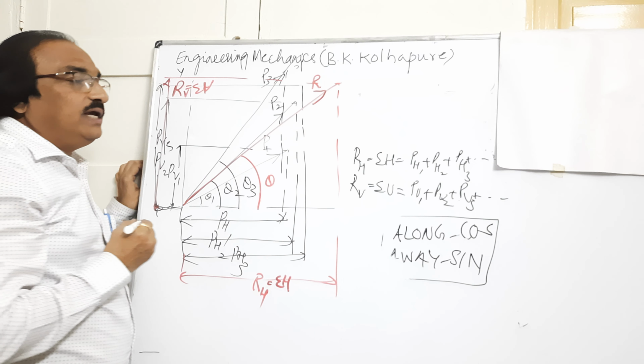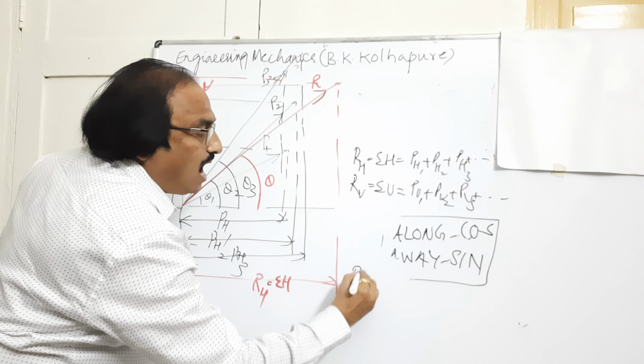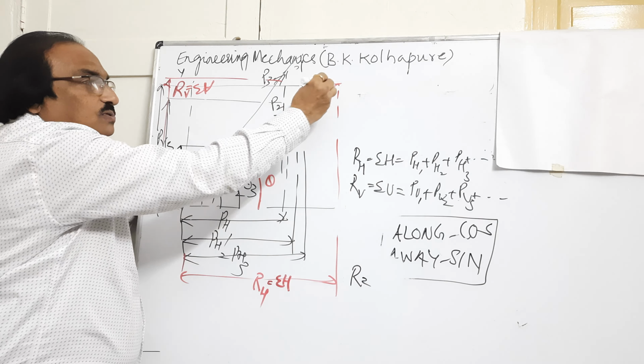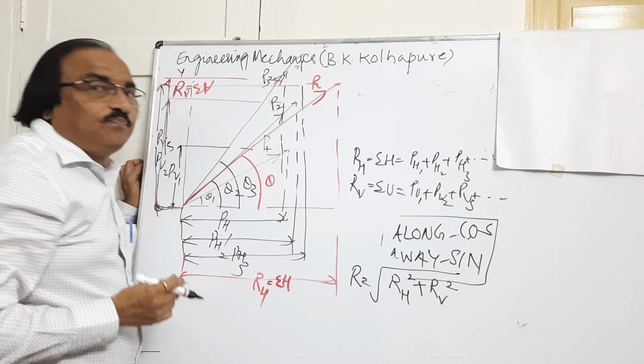Now here if you see R, the resultant is the hypotenuse, so hypotenuse square will be equal to opposite square plus adjacent square. So here R square is equal to RH square plus RV square.